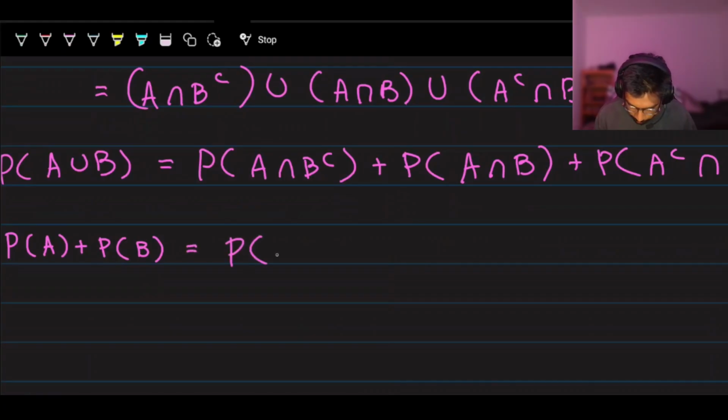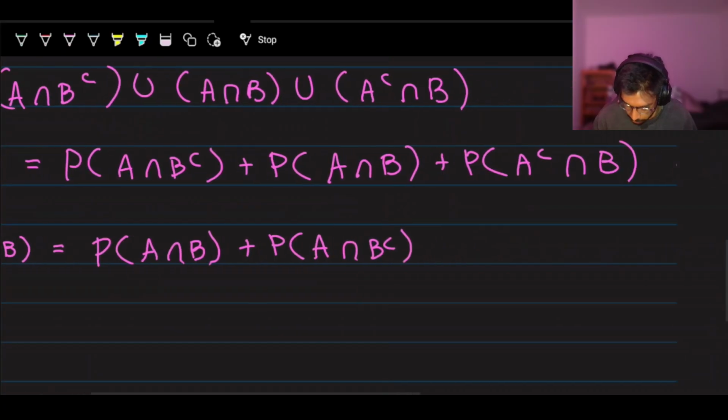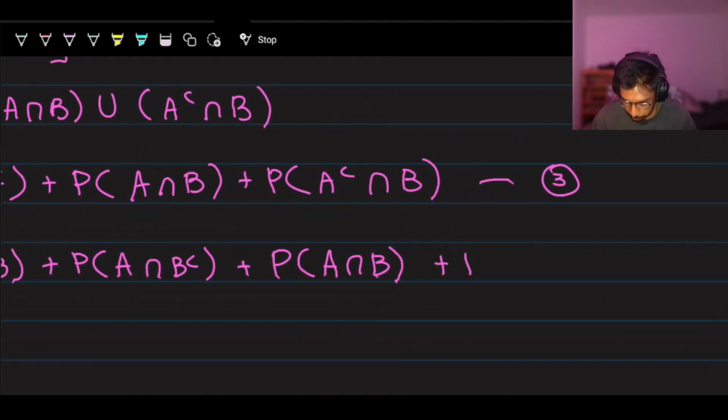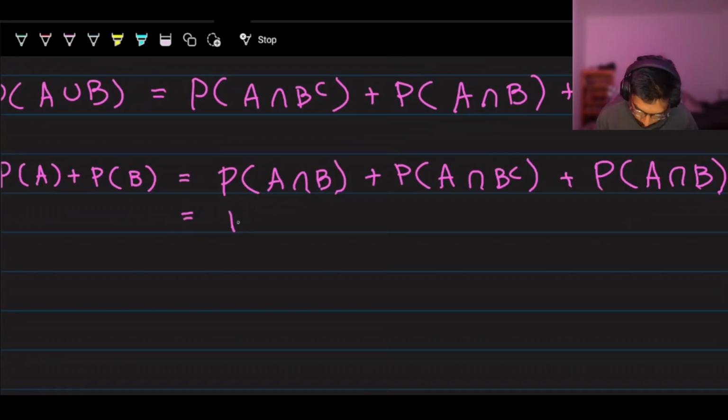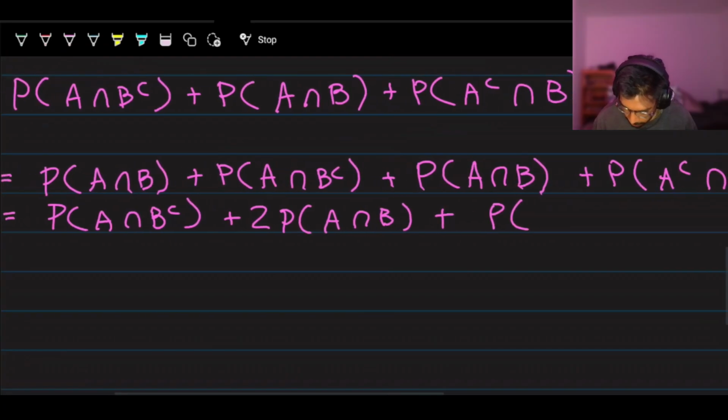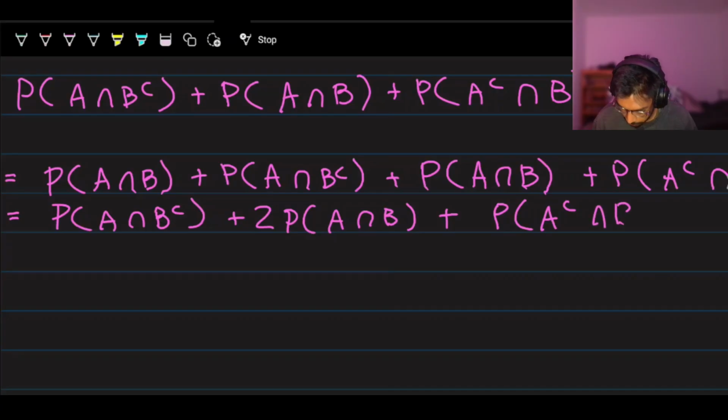And so that equals probability of A intersect B plus probability of A intersect B complement plus the probability of A intersect B again, but this is from the B part, plus the probability of A complement intersect B. So simplifying this, we have the probability of A intersect B complement plus 2 times the probability of A intersect B plus the probability of A complement intersect B.